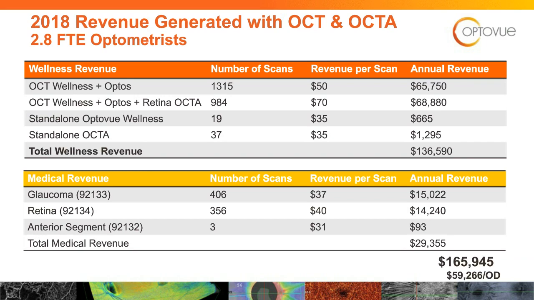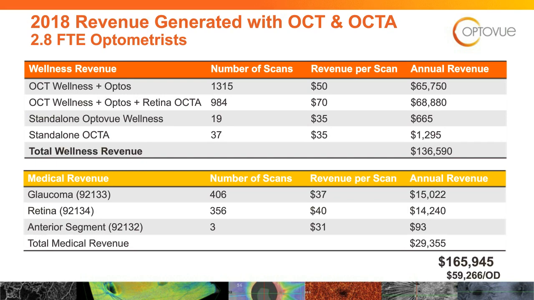In 2018, as I mentioned, September 25th was whenever we added the OCTA. So we don't have a full year in, but you can see that we had 1,315 people do the Optos, and from September 25th to the end of the year, 984 were doing the Retina, OCTA, Optos, and the OCT Wellness.